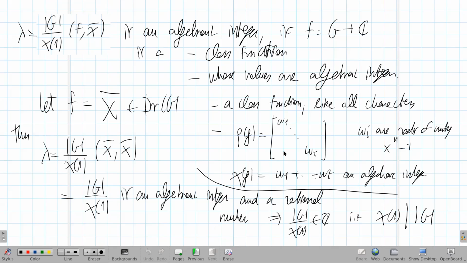I mean, because of this very reason that we discovered at the beginning of the course, that if an element has order n, say, then its image can be put in diagonal form with the omega i on the diagonal, which are nth roots of unity. And so in particular, the character is an algebraic integer, because these are algebraic integers.